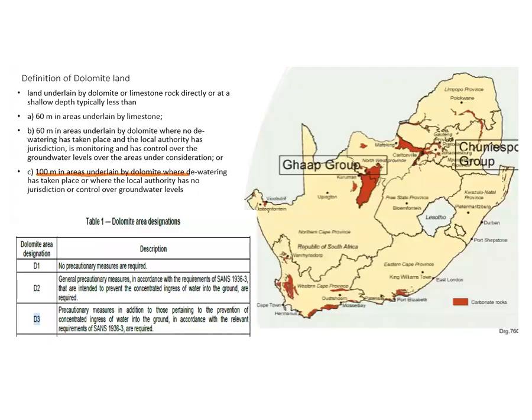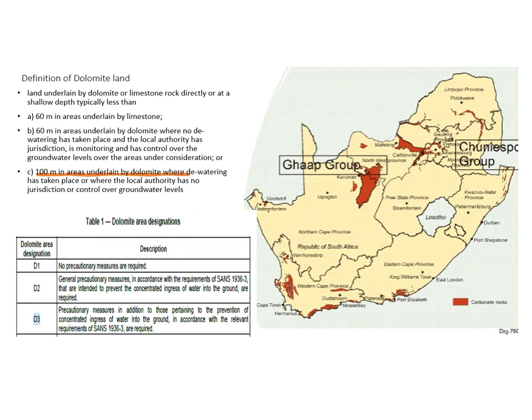So let's have a look at the definition of dolomite, and I'm going to read that section to you. It's basically land that's underlain by dolomite or limestone rock directly or at a very shallow depth, typically less than 60 meters in areas underlain by limestone, and 60 meters in areas underlain by dolomite, where no dewatering has taken place.